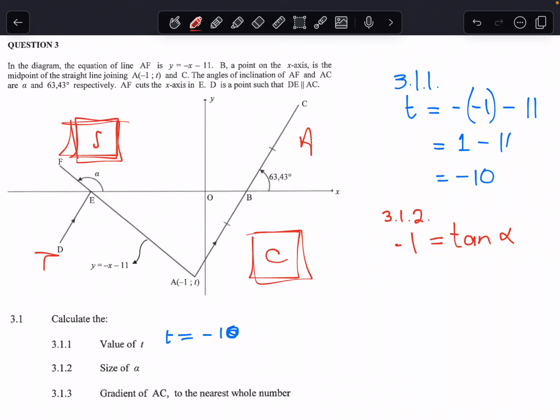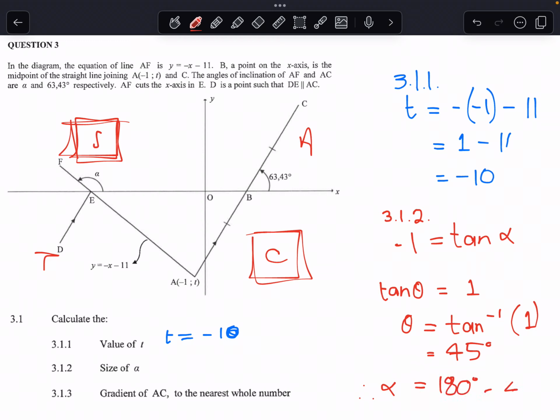So we need to figure out which acute angle gives us a tan ratio of 1, and that we know is one of our special angles, 45 degrees. And so therefore alpha will be equal to 180 degrees minus 45 degrees, using our knowledge of reduction formulae.